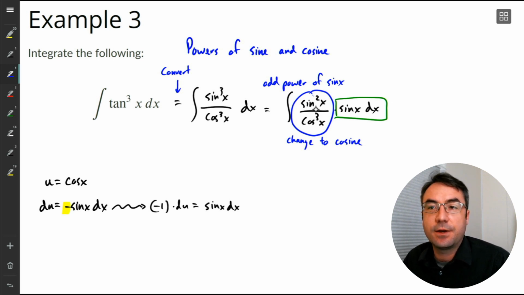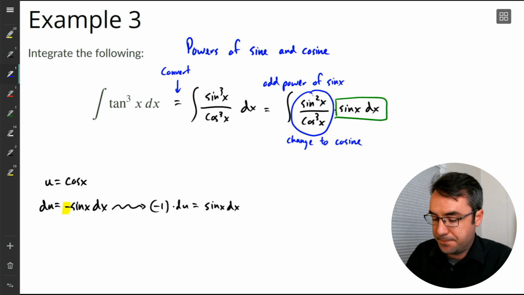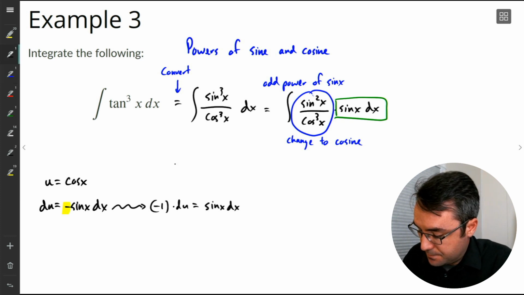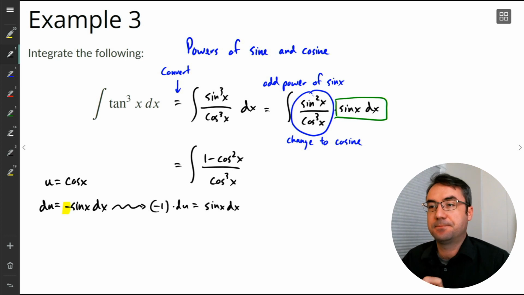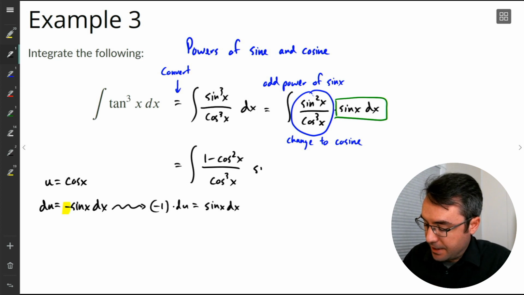So for this sine squared, we have our usual sine squared plus cosine squared is equal to 1 trig identity. So we end up with the integral of 1 minus cosine squared x all over cosine cubed x, and then we still have our sine x dx there at the end.